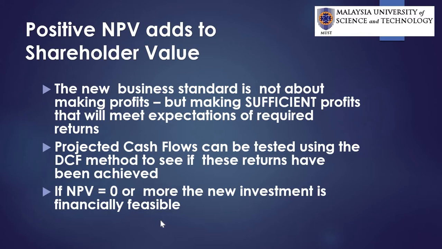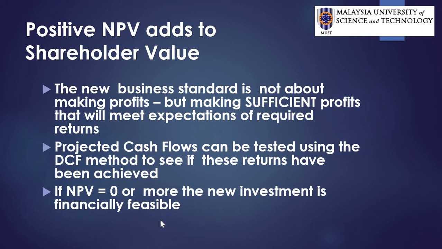So the new business standard nowadays is actually not just about whether you are making profit, it is about whether you are making enough profits, sufficient profits that will meet the expectation of required returns. In our example, the required returns were 11%.